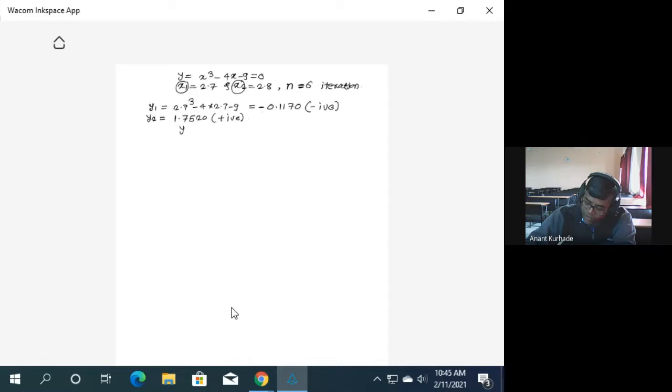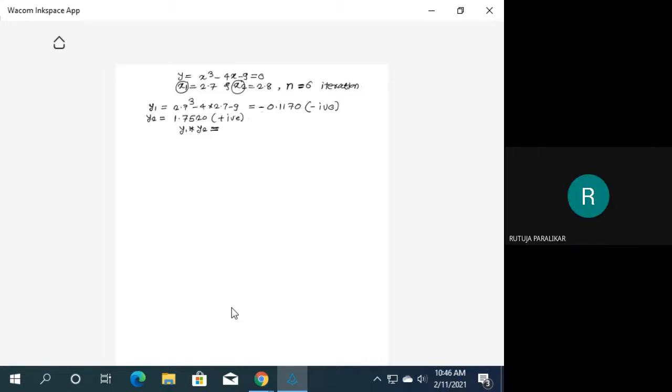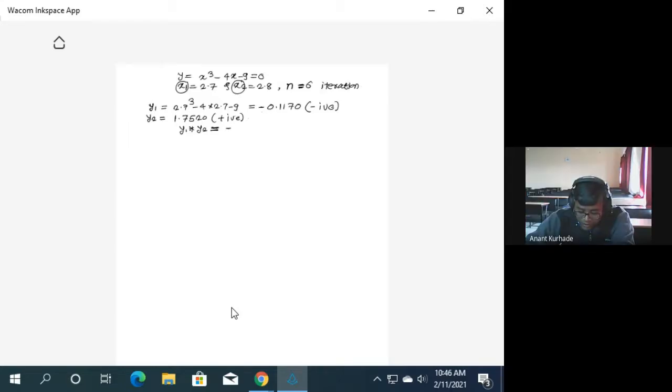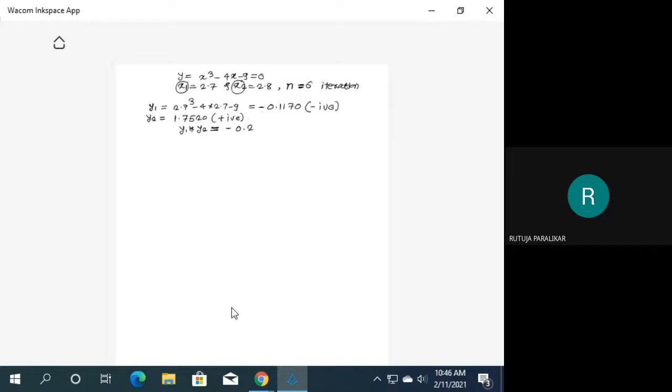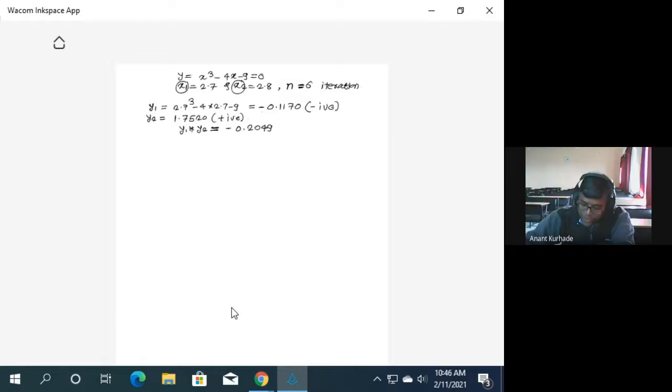But you have to show it: take the multiplication y1 into y2. The product of y1 and y2 is minus 0.2049. Obviously it is negative, so in the bracket you can write it is negative.